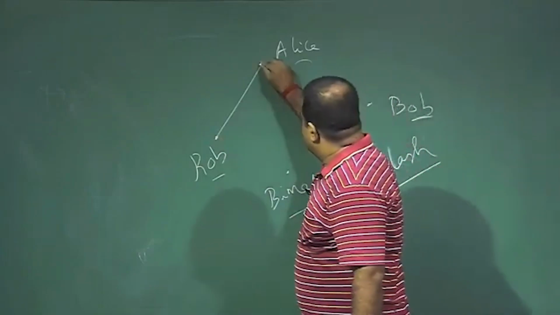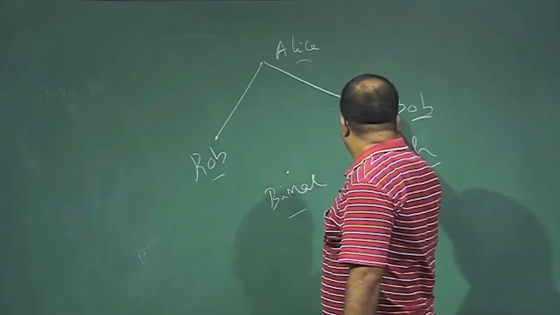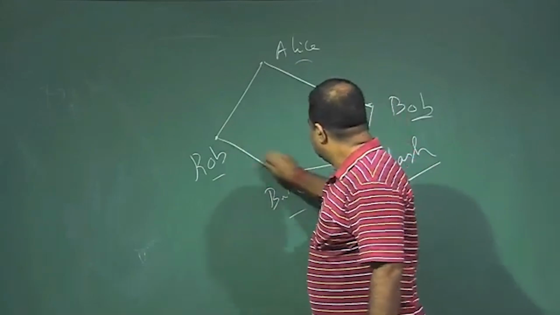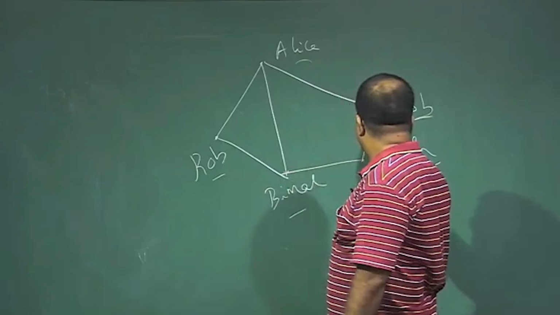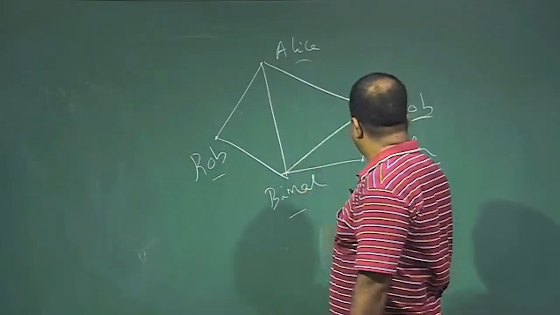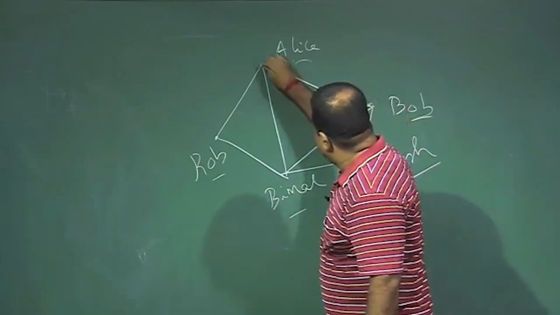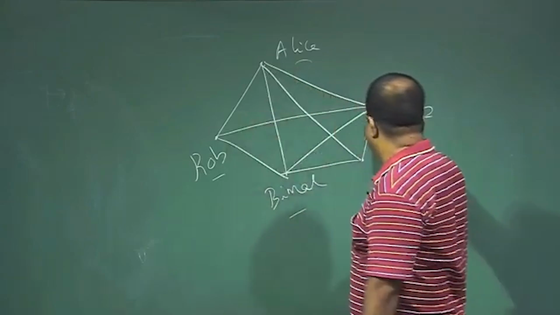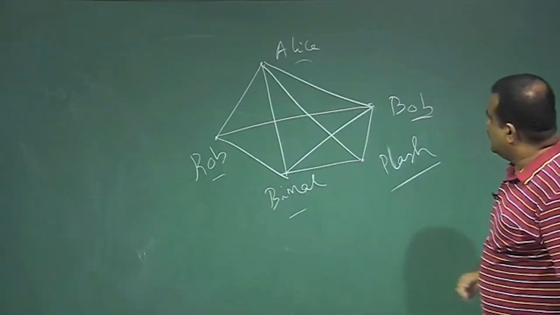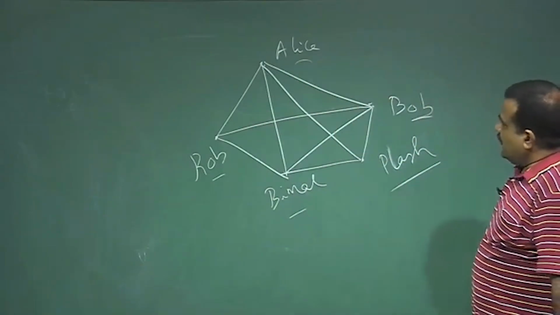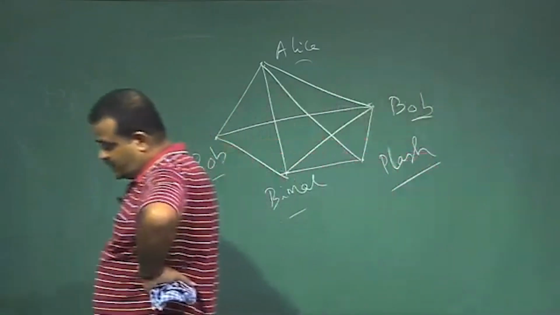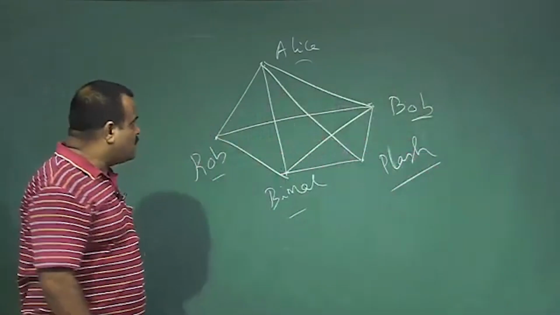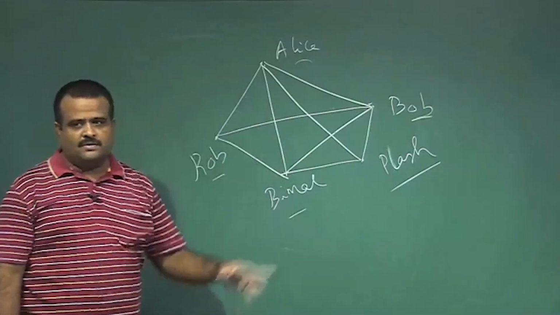Alice is communicating with Bimal, Bimal is communicating with Polas, Bimal is communicating with Bob, Polas is communicating with Alice, Rob is communicating with Bob, like this. And suppose they are using a symmetric key encryption.